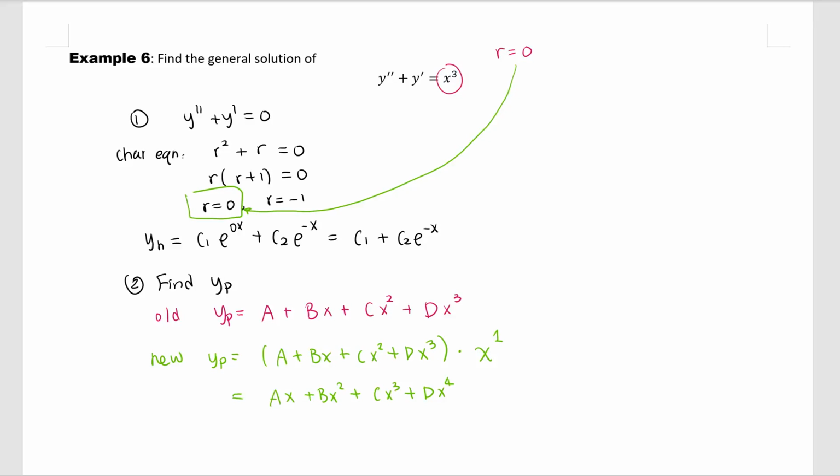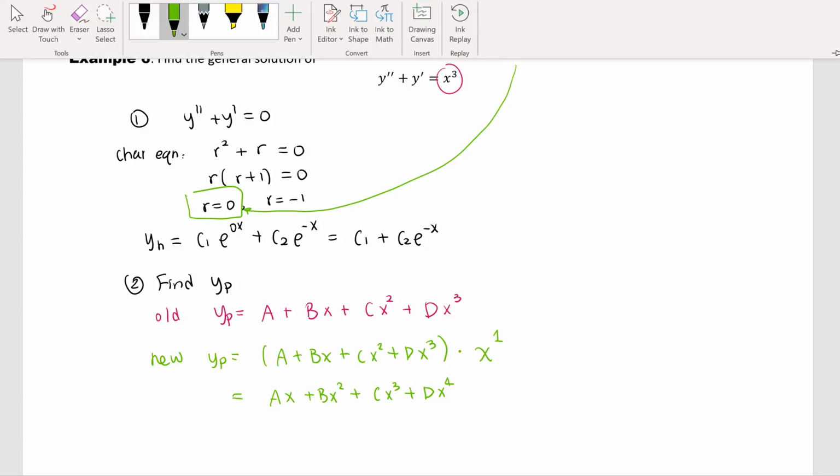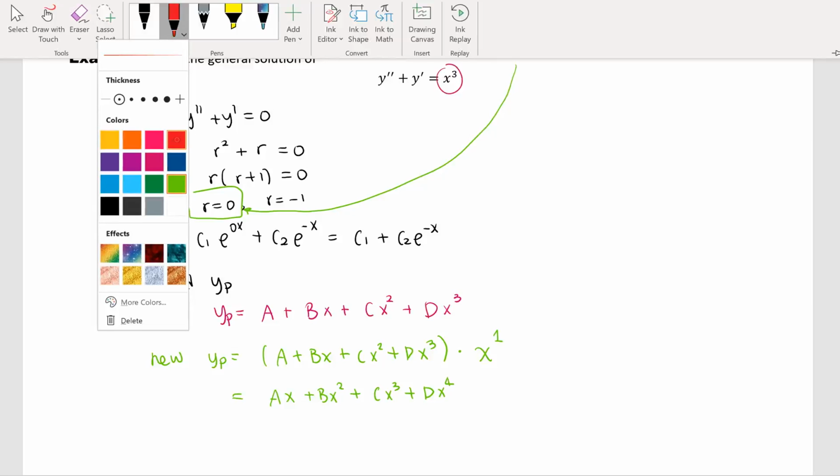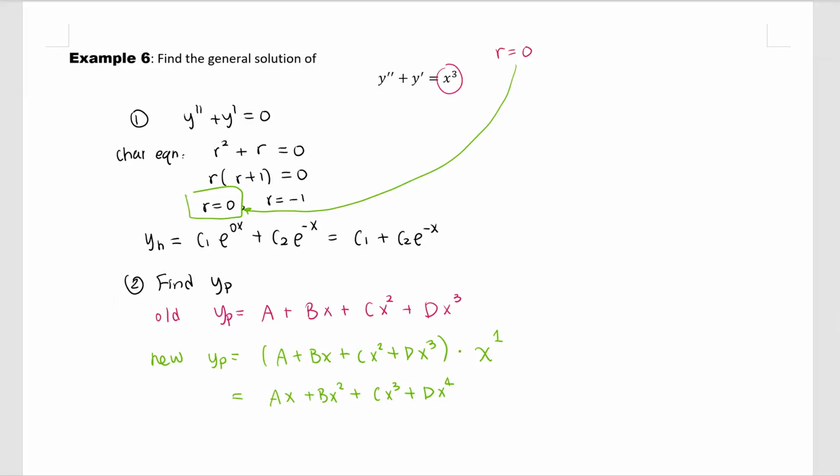I'm a little worried about students. Sometimes they will say, I have x cubed, so here we have another root there. So I should set it up like maybe a plus bx plus cx squared plus dx cubed plus ex to the 4th. So I have the highest power x to the 4th.